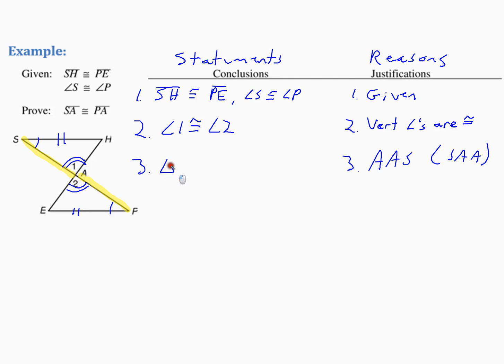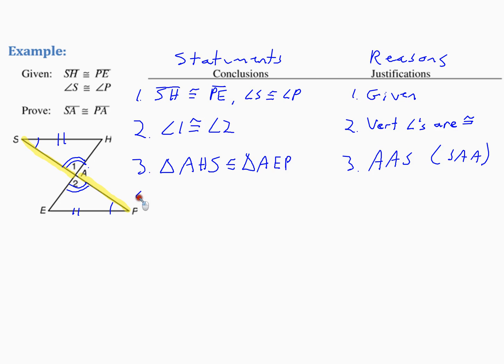I'm going to put this first triangle in alphabetical order, so triangle AHS is congruent to, and we want to line this up correctly: the angle formed at A is congruent to the angle formed at A in the bottom triangle. Then we went from A to H. That one, AH, corresponds to AE, so we'll go E next, and then our last letter P. And so we know those two triangles are congruent by angle, angle, side.